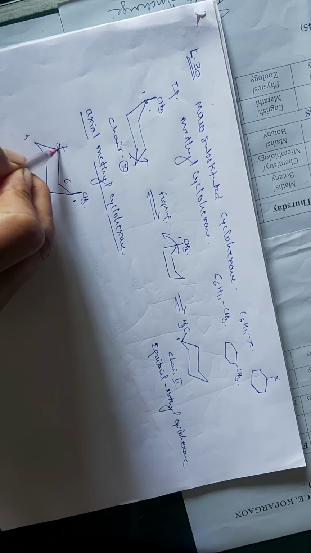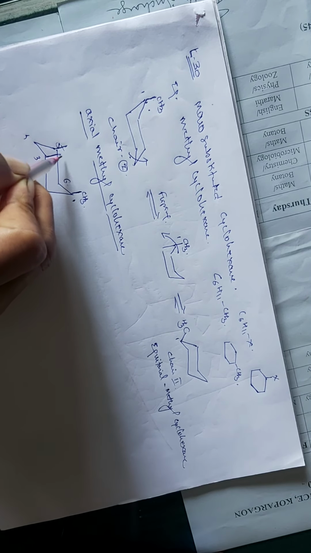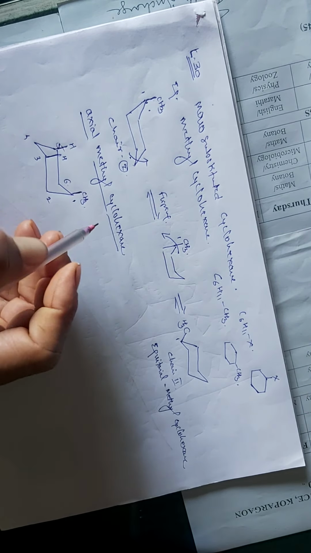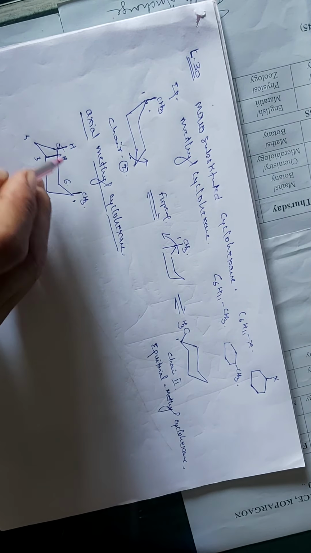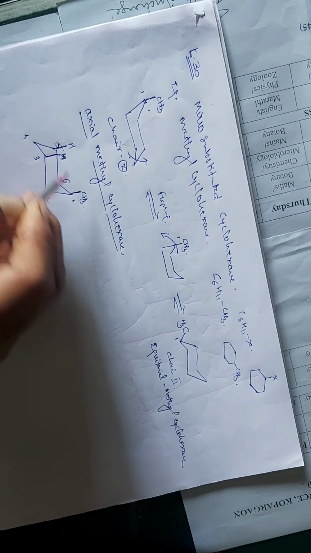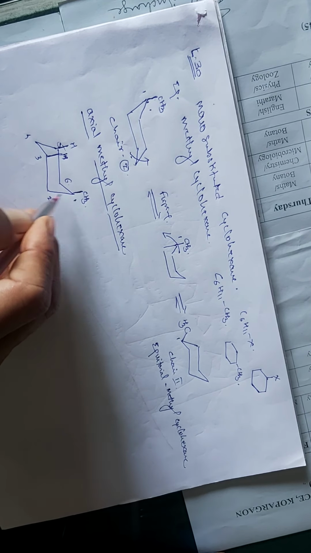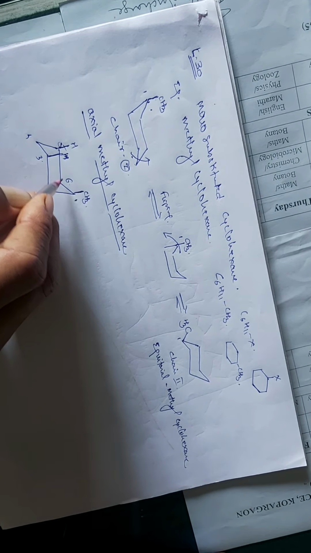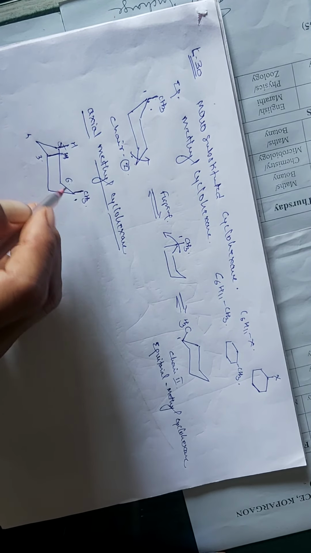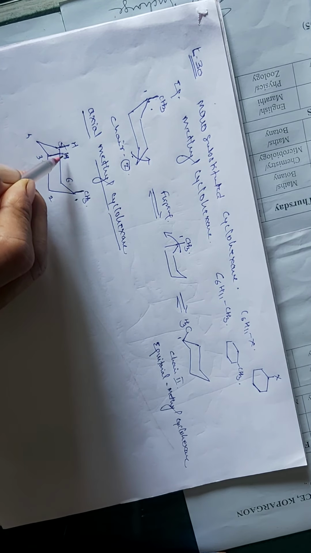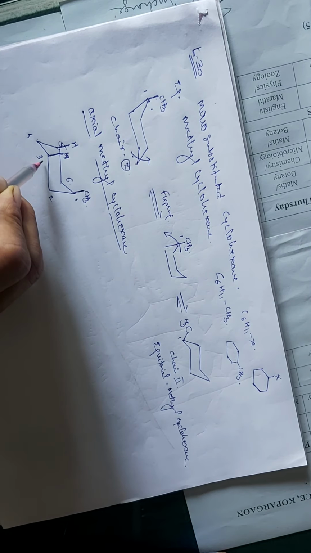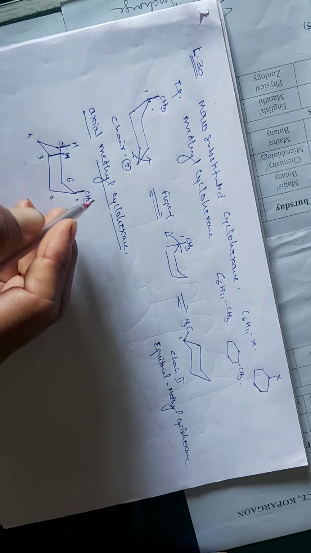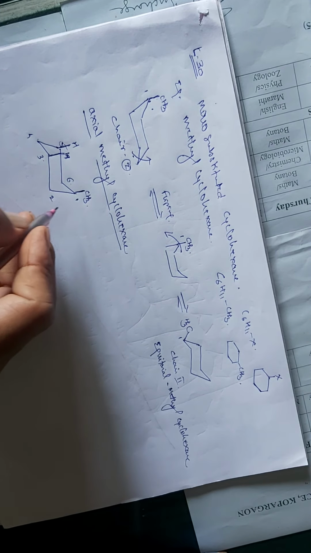The hydrogens at the axial position here, these are the two hydrogens, which are lying at the 1,3 position, 1, 2 and 3. If you see the distance between these two hydrogens, 1, 2 and this 3, there is a 1,3 relationship.